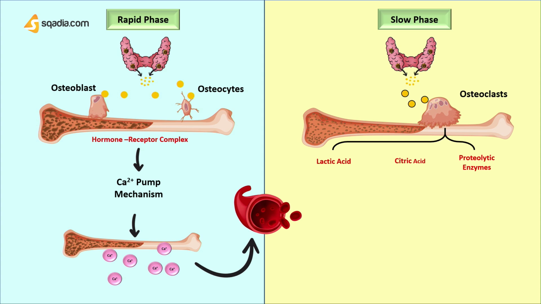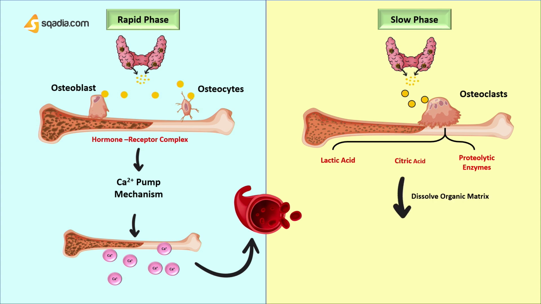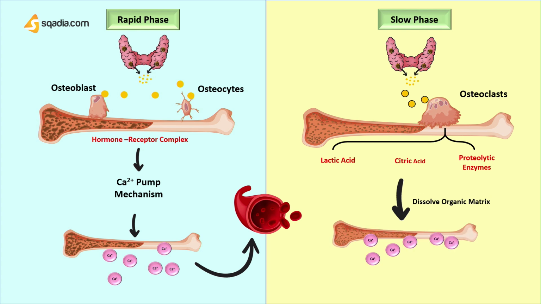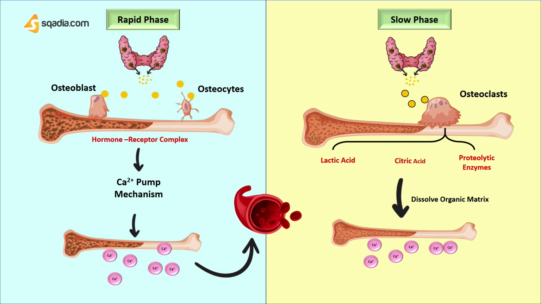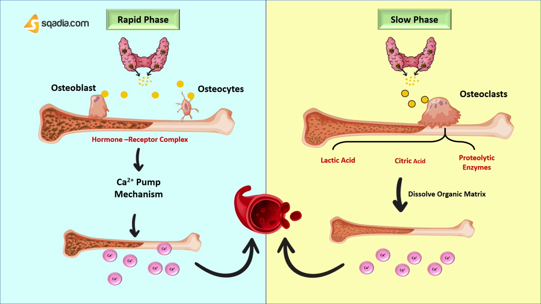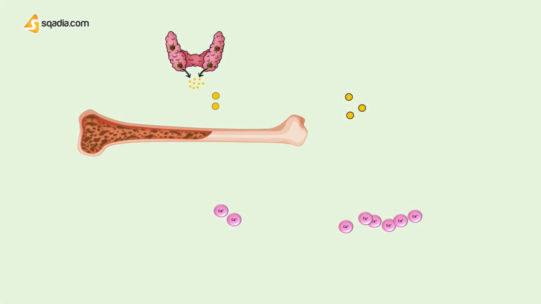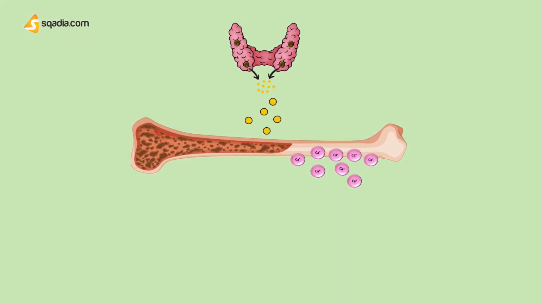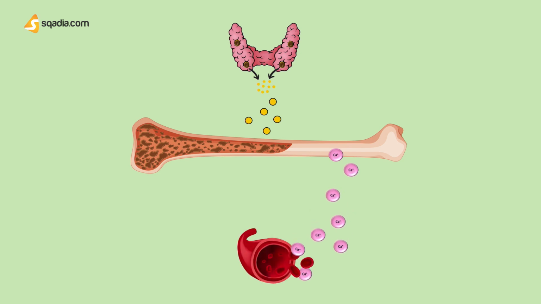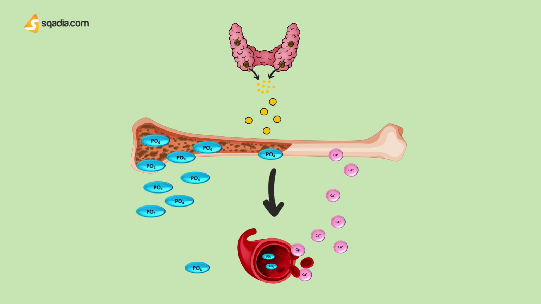All of these substances digest or dissolve the organic matrix of the bone, thus releasing the calcium ions. Now, these calcium ions slowly enter the blood. Along with the calcium resorption, the parathyroid hormone also increases the phosphate absorption from the bones.